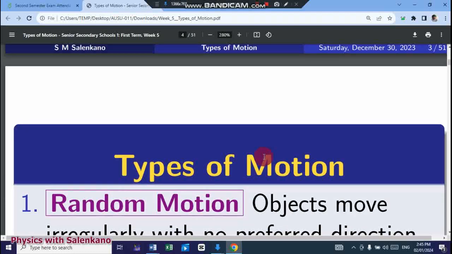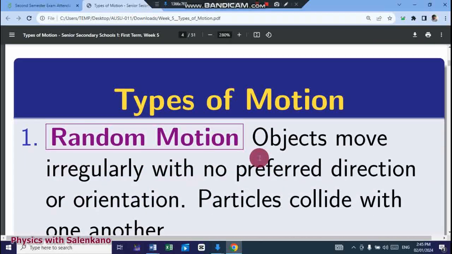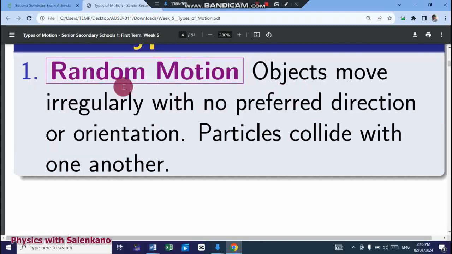We quickly move on to see the types of motion we have. Types of motion. The first one is random motion. In random motion, objects move irregularly, or you say haphazardly or disorderly, with no preferred direction or orientation, meaning all the particles in the body are not moving in the same direction.